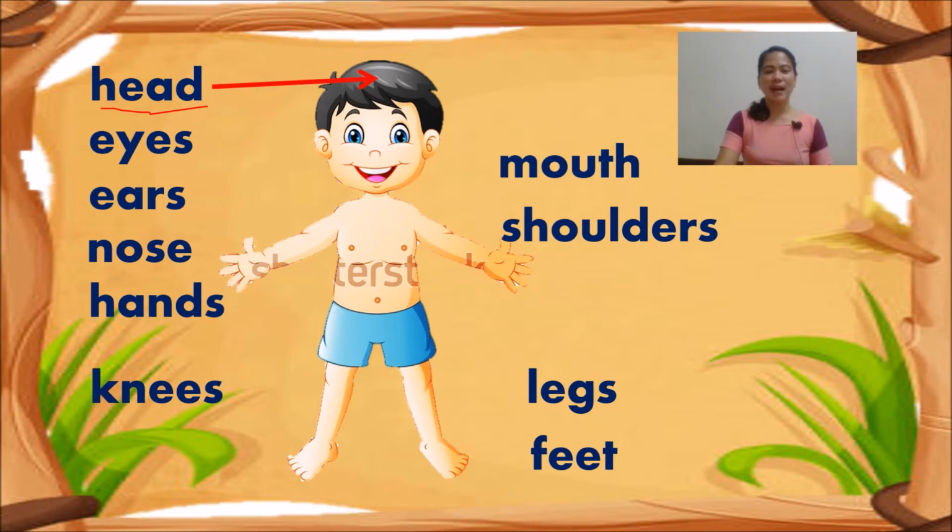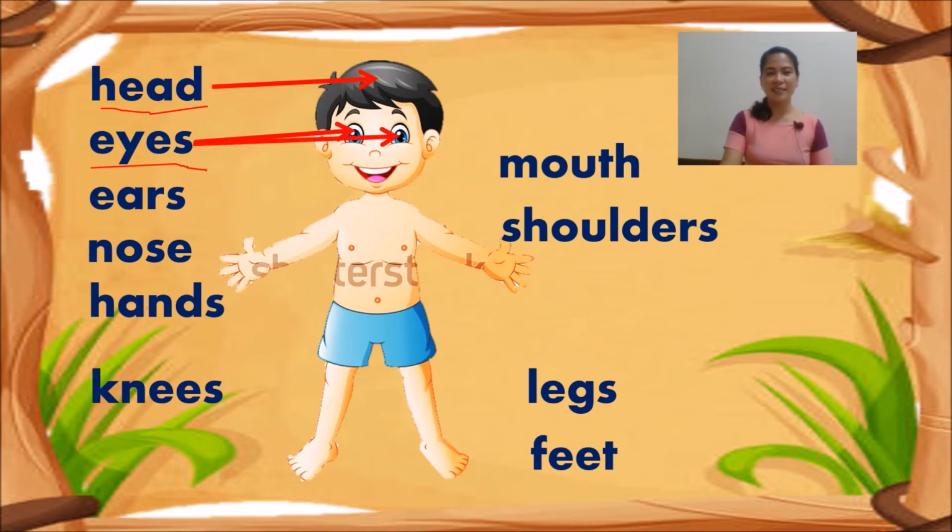What about our eyes? Where are the eyes? Let me point it out first. Okay, so we have the eyes. Can you point them? We have our eyes here and another one on the other side.